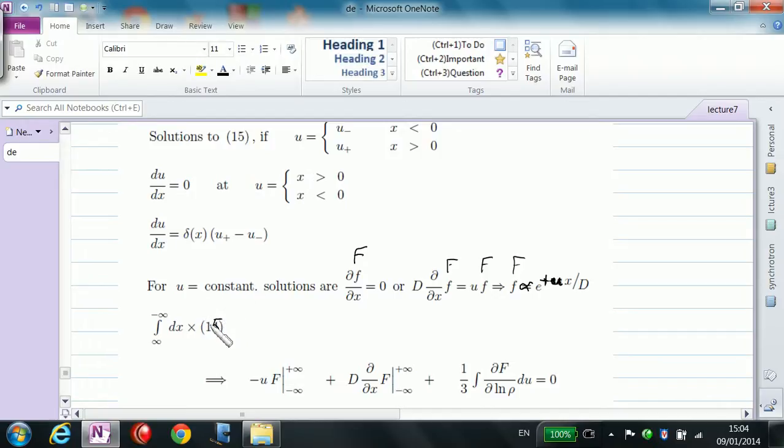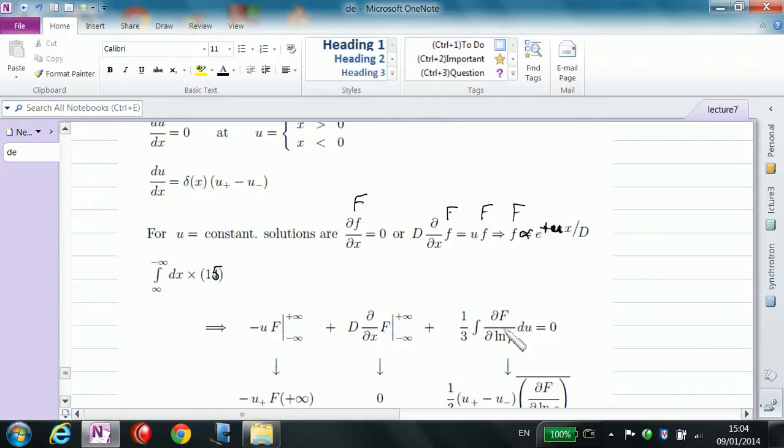And we integrate from minus x to plus x, and then we get something that contains all three terms. And this should be a p.